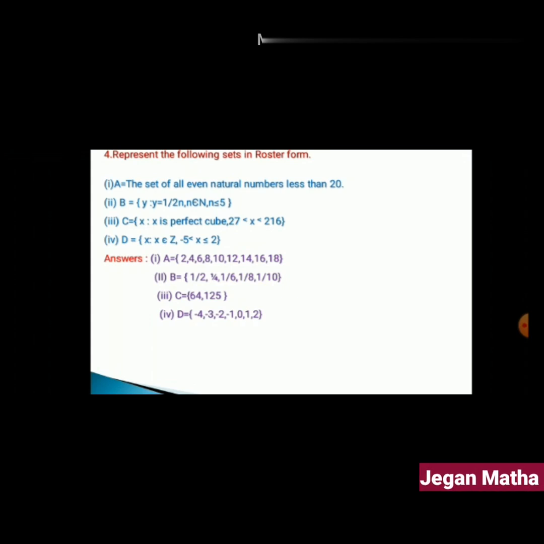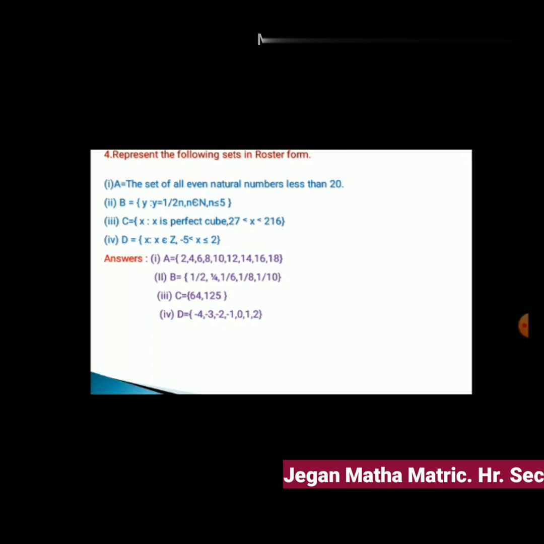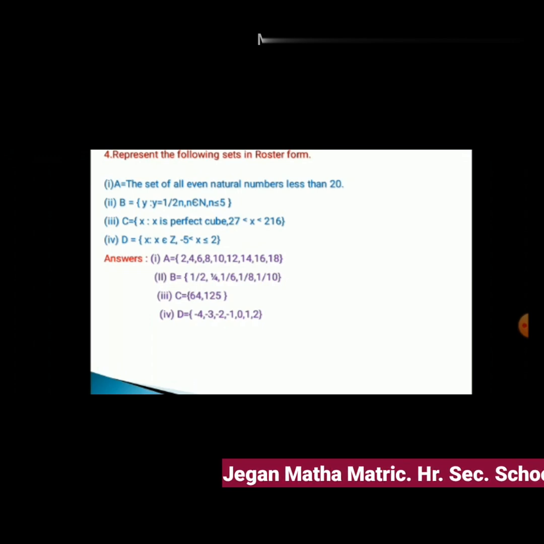In the third one, set C contains elements x such that x is a perfect cube and 27 is less than x less than 216. So we have the perfect cube numbers: 1 cube is equal to 1, 2 cube is 8, 3 cube is 27, 4 cube is 64, 5 cube is 125, 6 cube is 216.